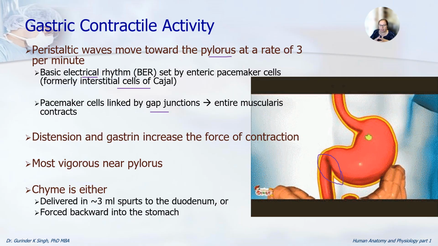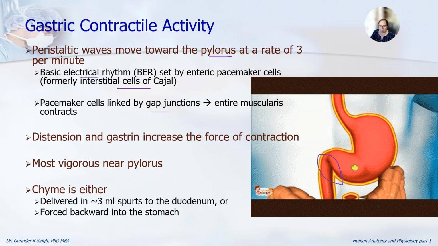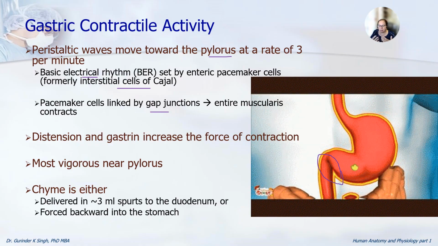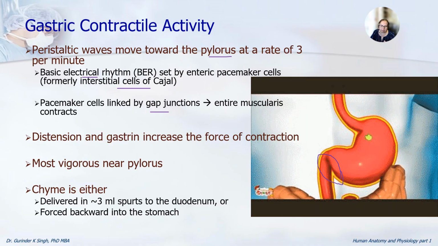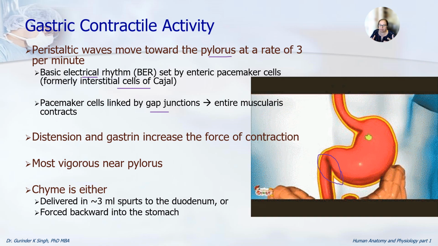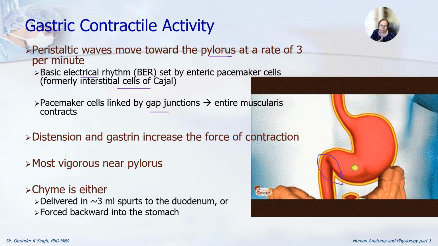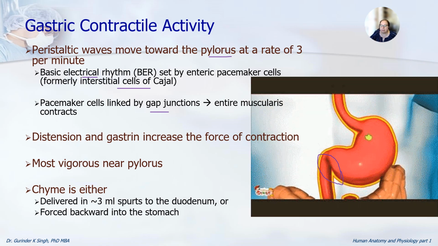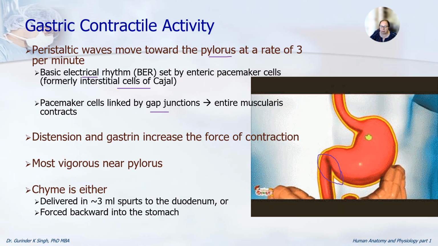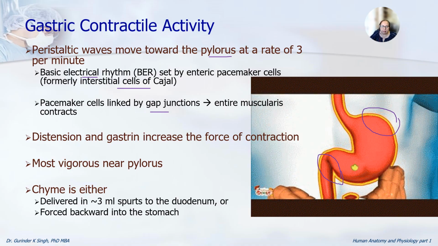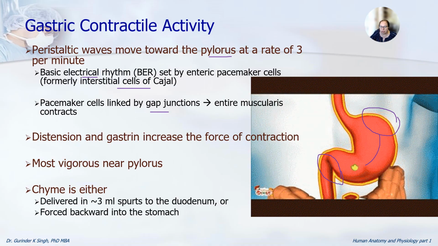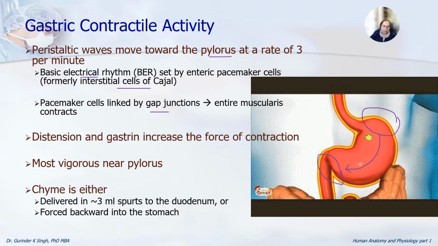As the stomach becomes larger when food enters it, the distension, the mechanical stimulation, starts secretion of gastrin. As the gastrin and the distension increase, that increases the force of the contraction. The contraction starts from the top portion, what we call the fundus, and then moves stronger towards the bottom portion, the pyloric region.